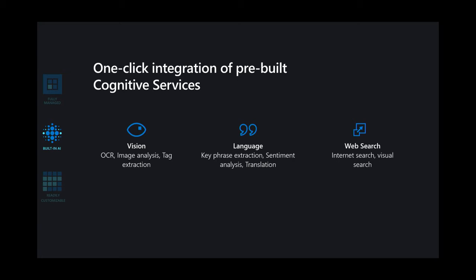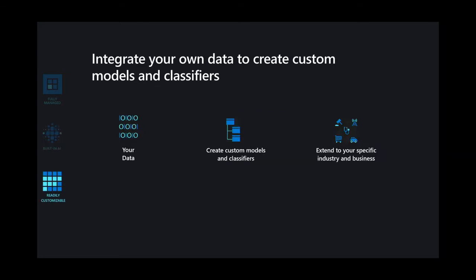So for example, you have an application and you want to pull in data from, say, Wikipedia, learn about things. You can do all of that right through a single click into the Azure portal. And then finally, as I touched upon, you can bring your own custom models, classifiers, which make it specific for your industry, for your specific domain, so that you're able to solve for much more accuracy based on your domain itself.